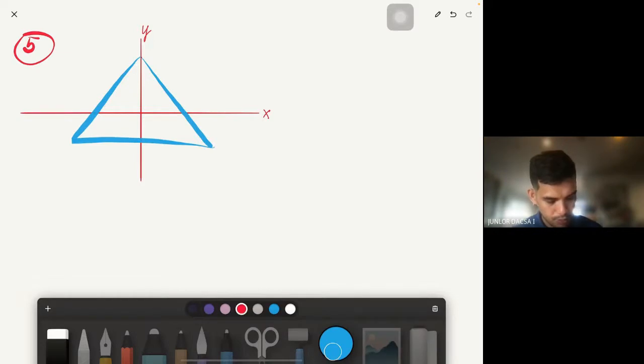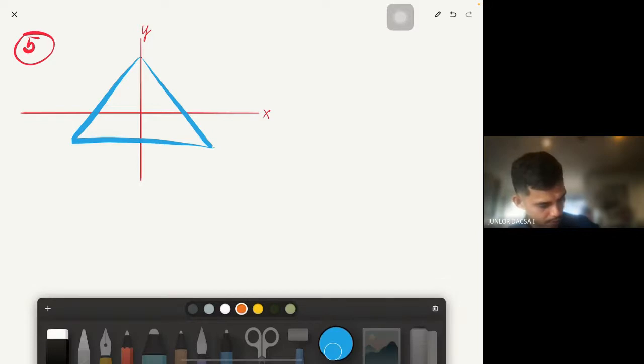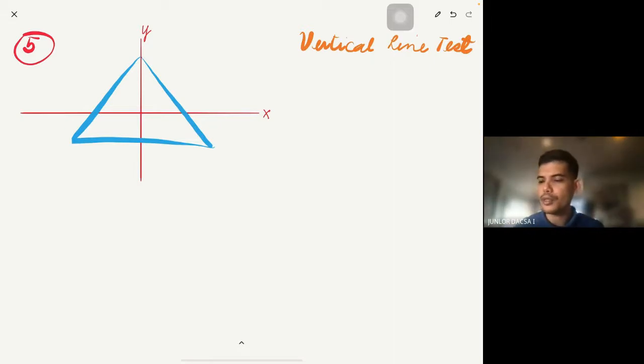No? Ano yung konsepto ng vertical line test? Okay. Vertical line test. Ano yung konsepto ng vertical line test?